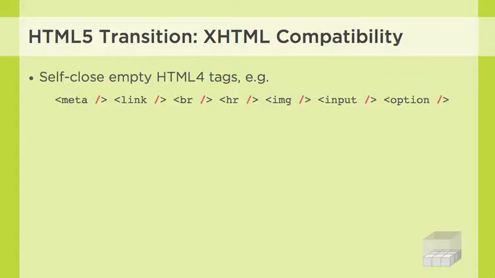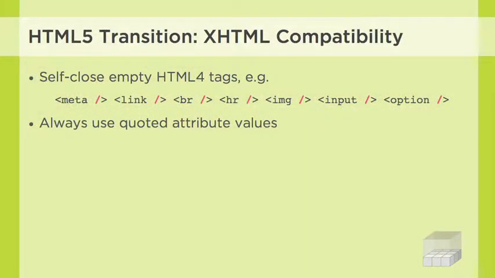There's only attributes in the tag. So when you use any one of these, put that closing slash at the end of the tag to indicate that it is an empty tag. And this will allow your content to continue to be processed as XHTML. This is okay and allowable in HTML5, and I encourage it if you want to maintain XHTML compatibility.